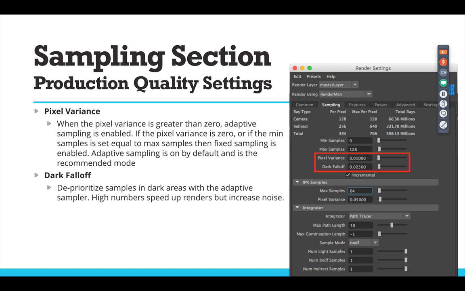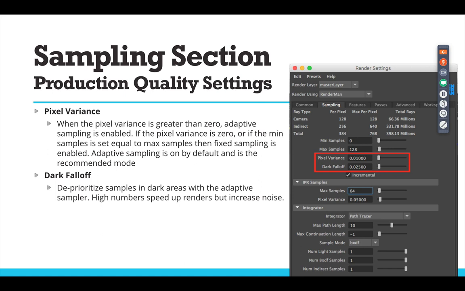When you lower this number to 0, you're basically saying every single pixel gets treated the same way. Same thing if you left this number alone and you made this 128. The minimum is 128, the maximum is 128, that's fixed sampling. You're telling it every pixel gets 128 samples. If you leave this at 0, you put this at 128, put this to 0, you're doing the same thing.